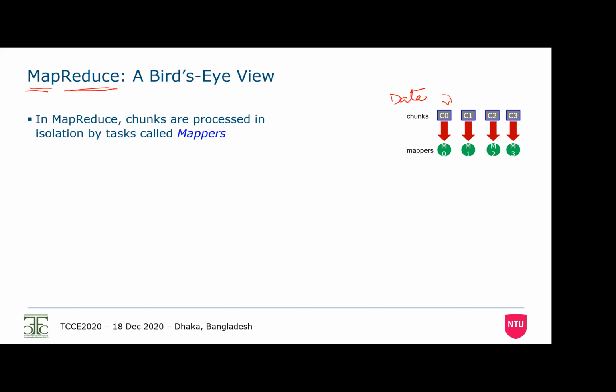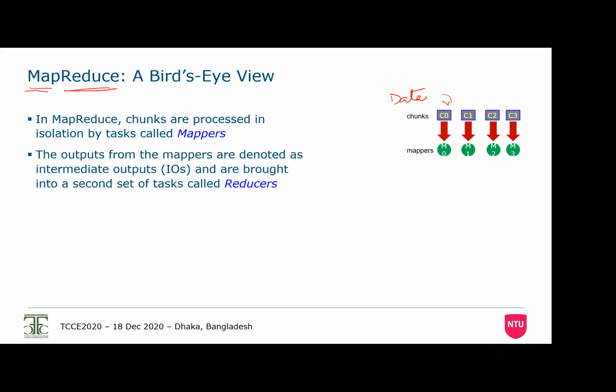Once we have that data, it is distributed into very small parts and given to something called mappers. What these mappers do is some initial processing of the data, and what they generate is called intermediate outputs.